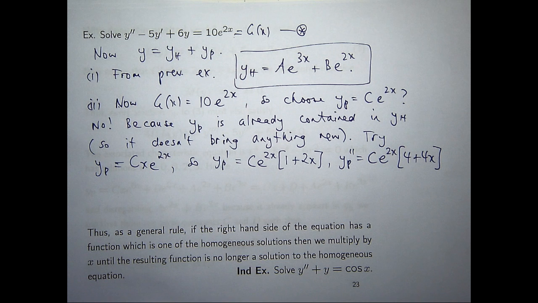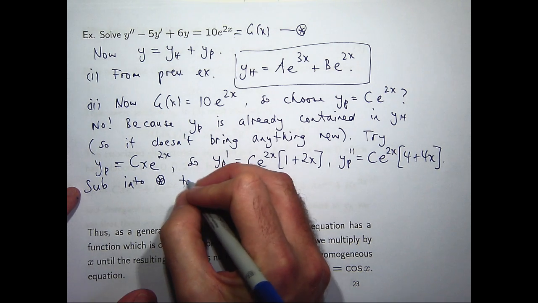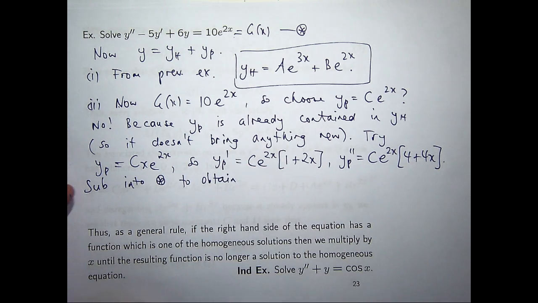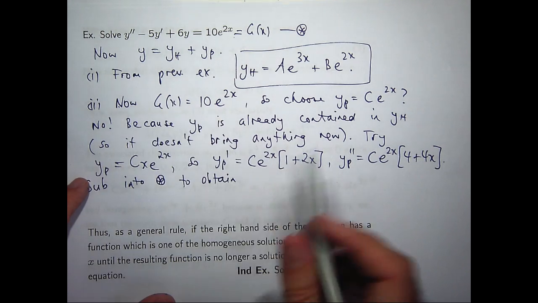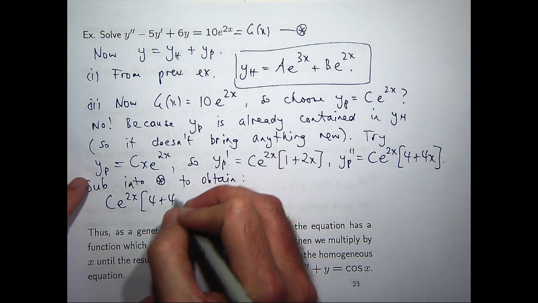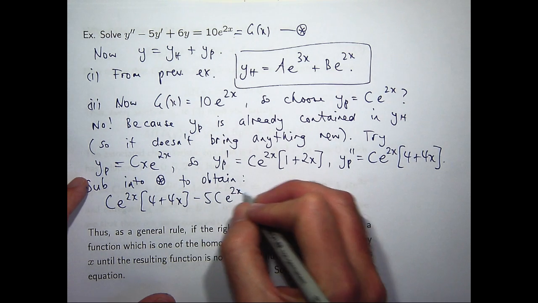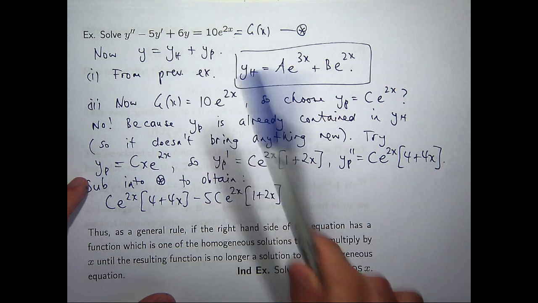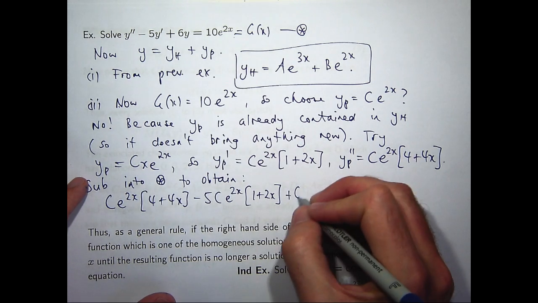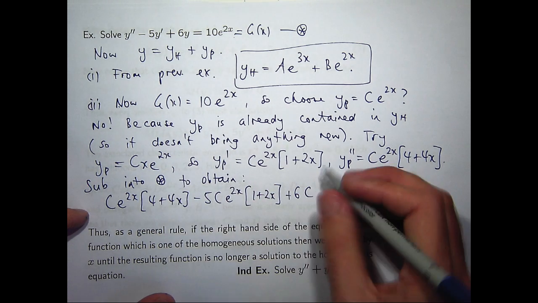And what you want to do is take those three expressions, sub them into star, and then compute C. Okay, so we're going to have something like this. C e to the 2x times 4 plus 4x minus 5 times this plus 6 times this. Oh, yes.